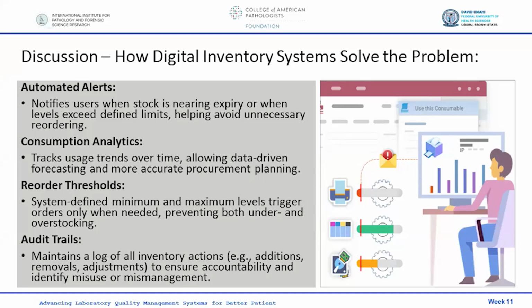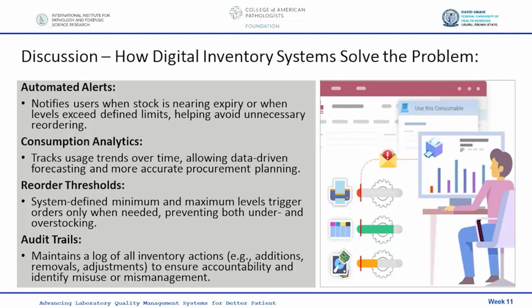Reorder thresholds. The system defines minimum and maximum levels that trigger orders only when needed, preventing both under and overstocking. Okay, so here you have minimum and maximum order levels, which can trigger the need for ordering when stock is under, and also tell you when you're overstocked so that you don't need to go and make orders.